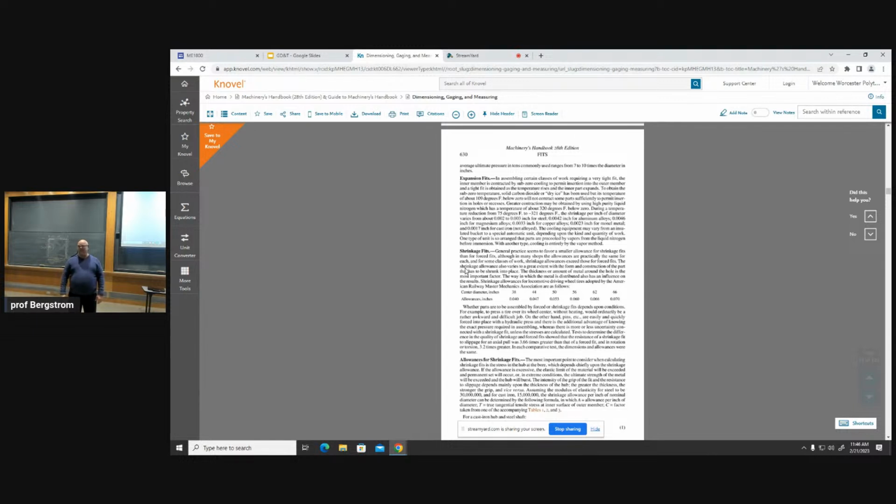Scavenger hunt. Machinery's Handbook scavenger hunt tomorrow. Be prepared to use a digital copy or a physical copy. I don't care. If you have a physical copy and you want to bring it, that's fine. I might bring a couple physical copies. I have several editions. But you can get it from the library on the ebook.